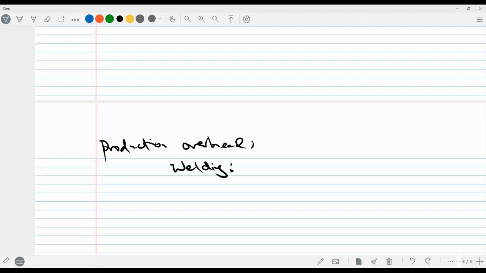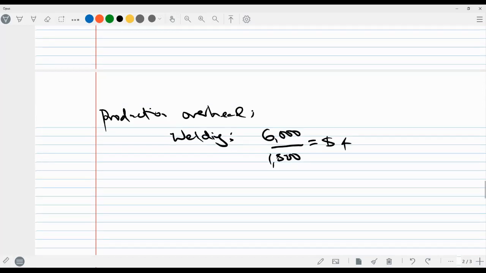For welding, the budget was to incur a cost of 6,000. The overhead absorption rate is the cost of 6,000 divided by the activity level, which was 1,500. Therefore the absorption rate per hour is $4. That's for welding. For assembly, we are told the budget is to incur 10,000 at an activity level of 1,000. Therefore the cost per hour will be $10.